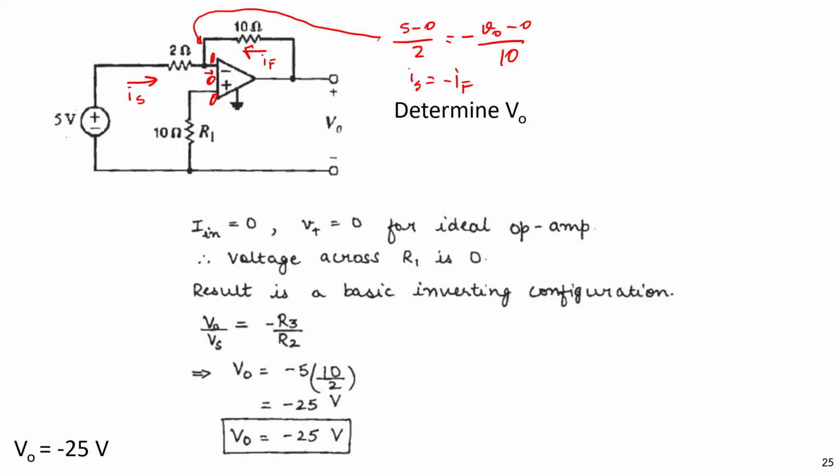Or we can just take the formula of the inverting amp. Inverting amp is V out equals minus 10 by 2 into Vs, right? It's minus 10 by 2 into 5. This is the solution.